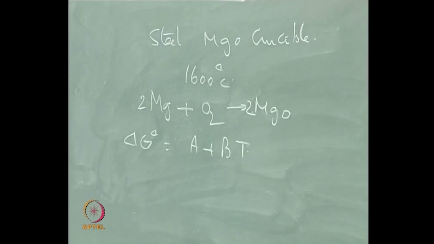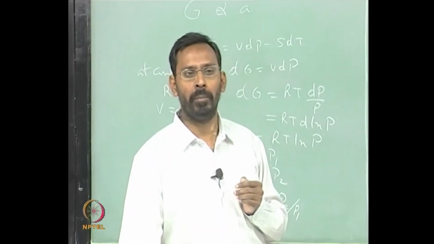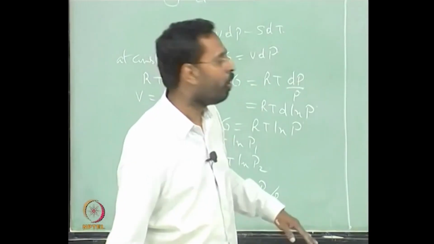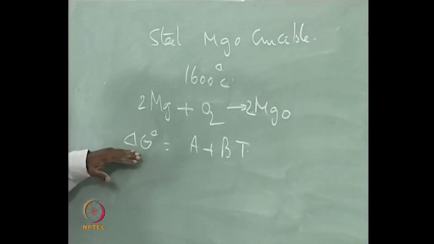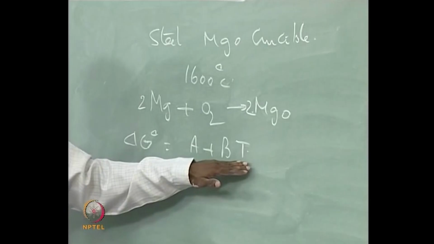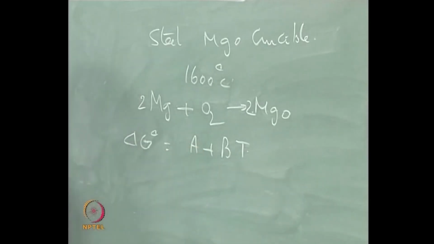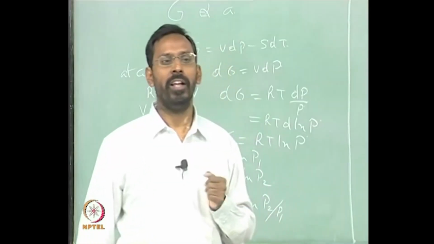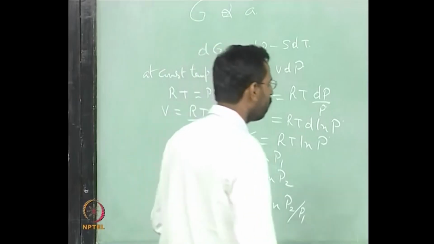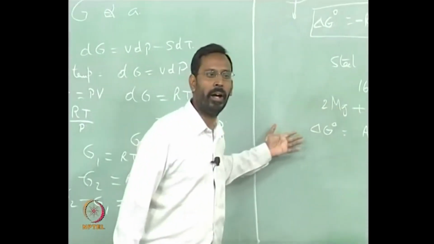If you go to any standard handbook on thermodynamics, you will see for various reactions what this is in terms of temperature, particularly what the A and B values are for various oxidation reactions, reactions where sulfides form, sulfates form, and such reactions. They are all tabulated.